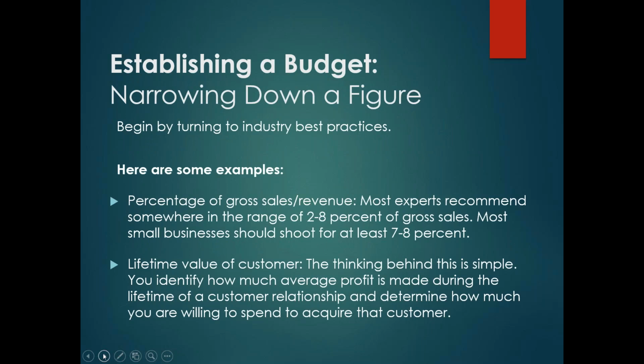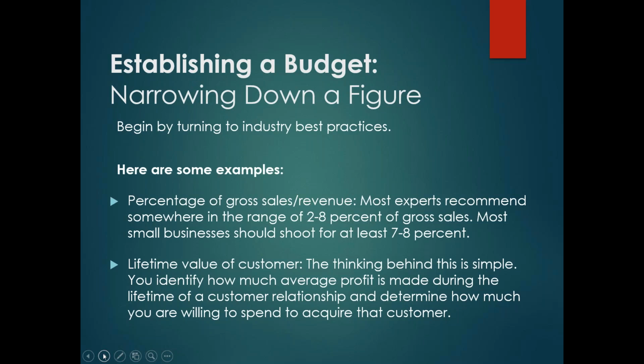Here are some examples of how you would narrow down a figure. Again, you should have a budget as an agency, and marketing should be 2 to 8% of the gross sales potentially. That's one way to look at it.